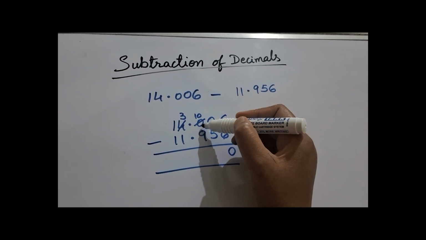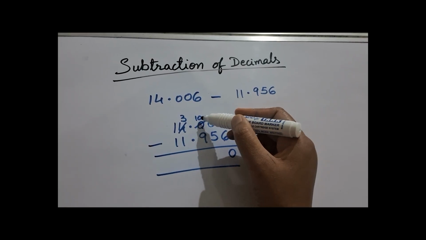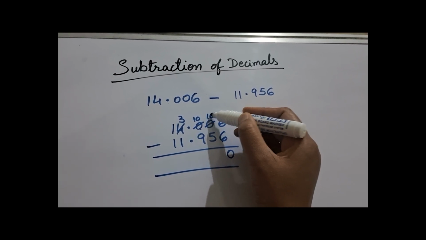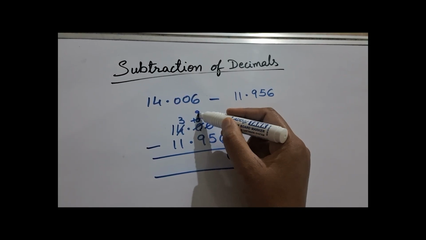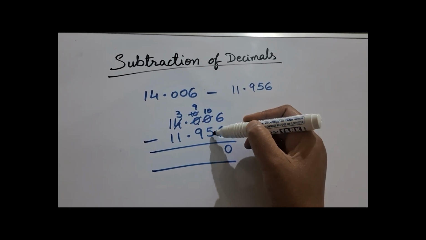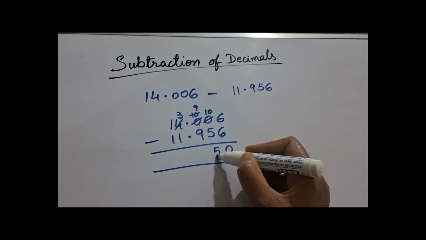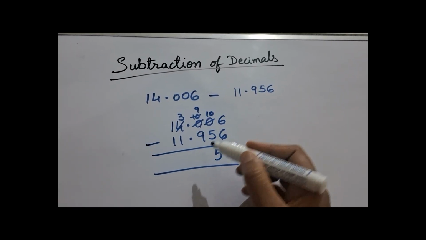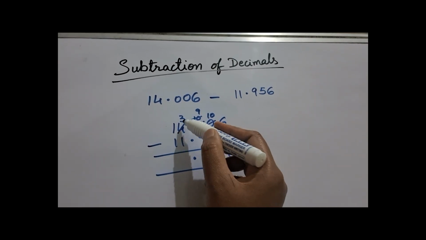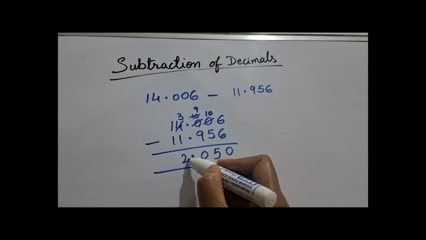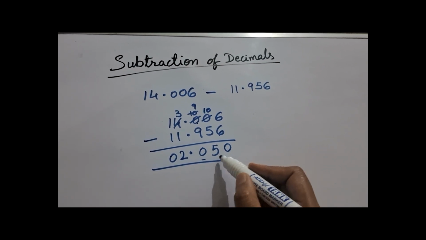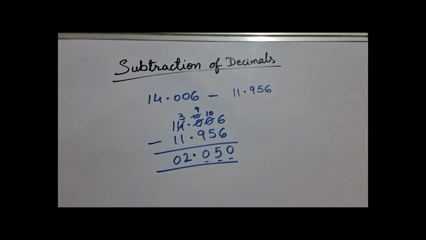Now it is having 10 here. Now this gives 1 carry to here, then this becomes 10 and this becomes 9. Okay. Here 10 minus 5, that is 5 here. 9 minus 9, that is 0 here. Decimal point. 3 minus 1, 2 and 1 minus 1, 0. The answer is 2.050. Okay children.